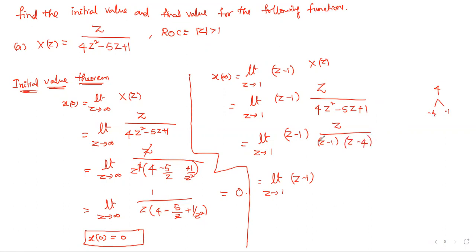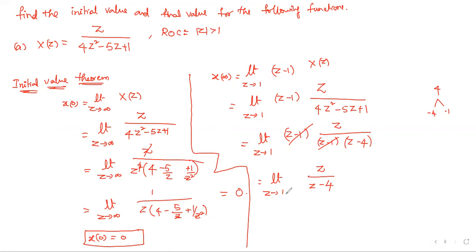Now z minus 1, z minus 1 will get cancelled. So what will we get? Limit z tending to 1, z by z minus 4.